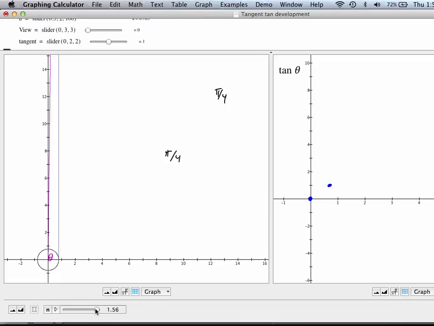Patrick. So before we reach pi over 2, what's the limiting value, say, of this quantity, the length of the blue line?